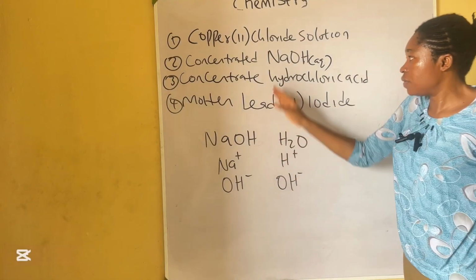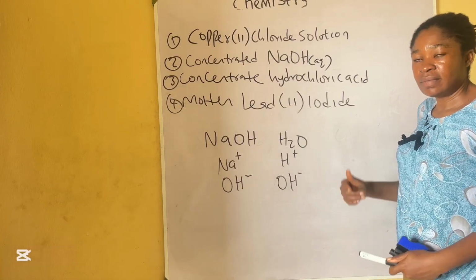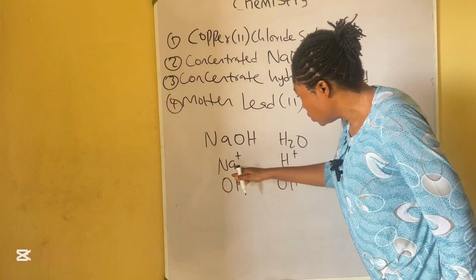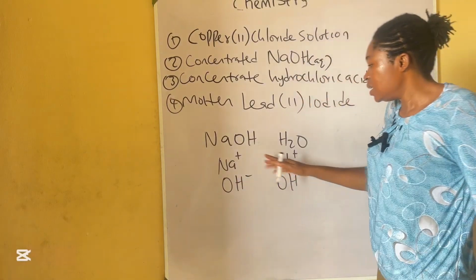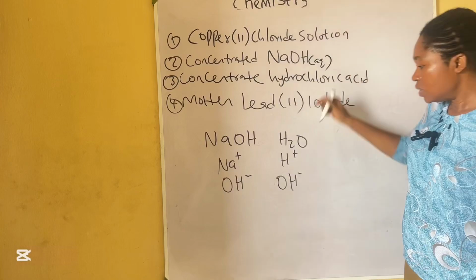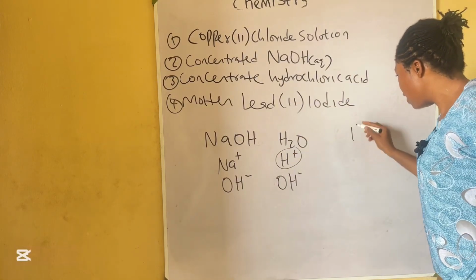Okay, this is electrolysis of concentrated sodium hydroxide. If we use graphite, an inert electrode, this one is highly concentrated because of the distance, they are far apart. So hydrogen gas will be discharged at the cathode.